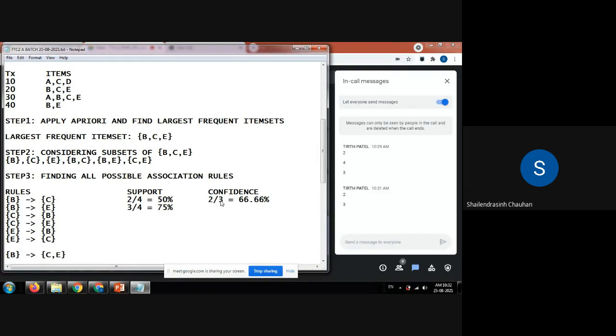Now confidence. We are having total 3 transactions where we are having B, that is 20, 30, 40. And out of those 3, how many are having E along with B?